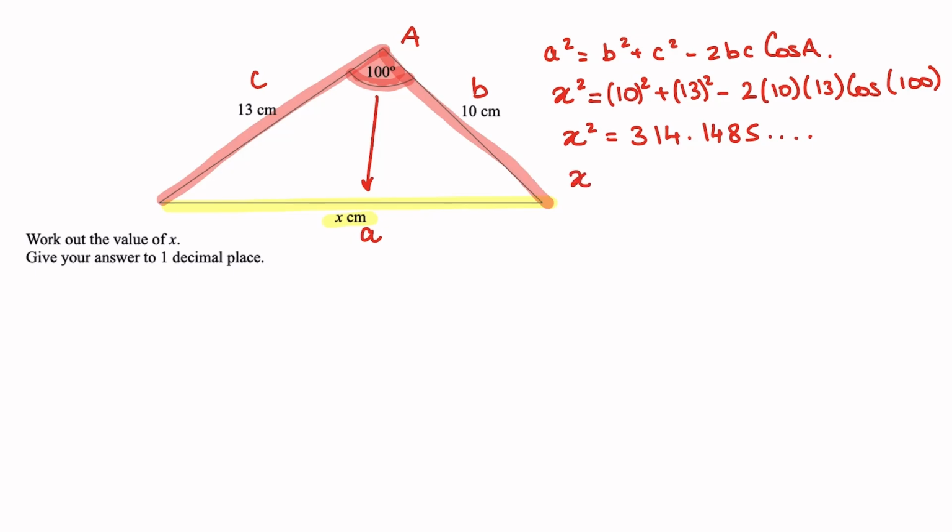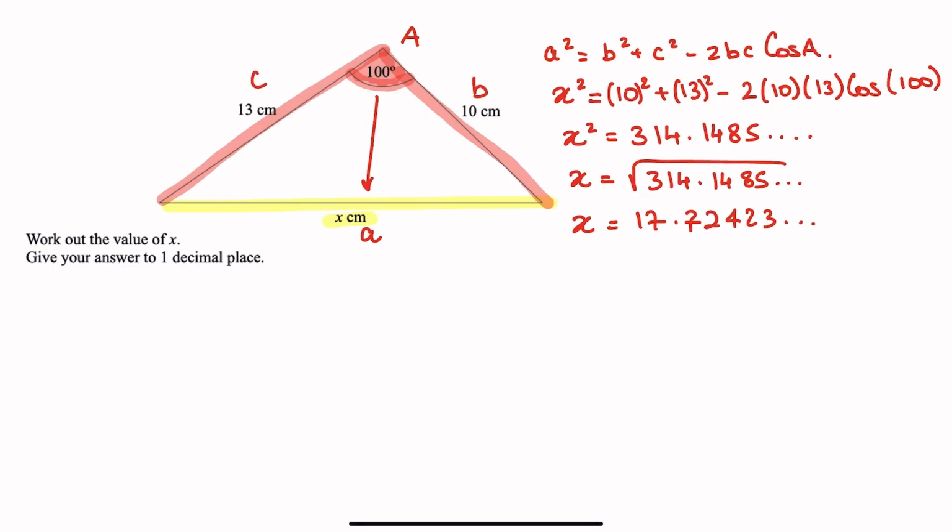Now to find the value of x, I need to take the square root of 314.1485... And if I put this in a calculator, it gives me the value of 17.72423. Once again, I like to put a couple more extra decimal places, so then I can have a look at the whole number and also show the examiner how I go from there to my final answer.